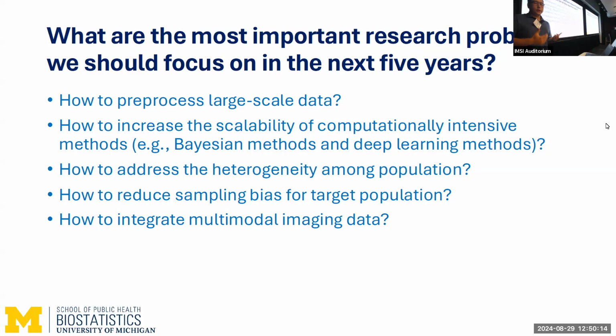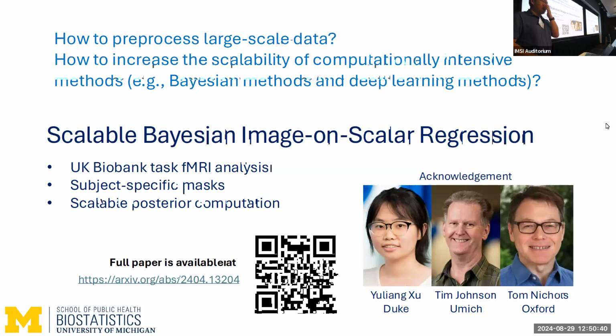For traditional analysis targeting a distribution, maybe we can think about how to reduce sampling bias and how to do the weighting for large-scale population analysis. Another topic is integrating multimodal imaging data. But I only have 15 minutes, so I will just talk about some of our experience and illustrate a little bit here.